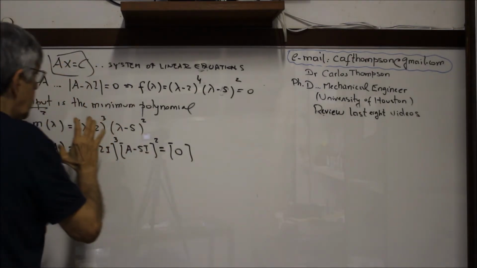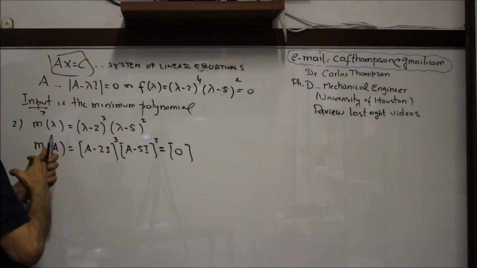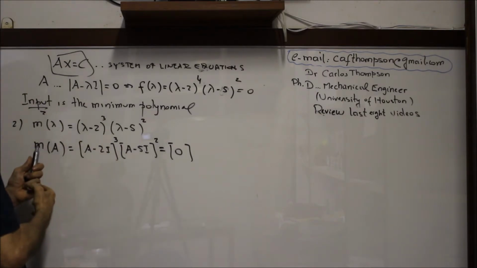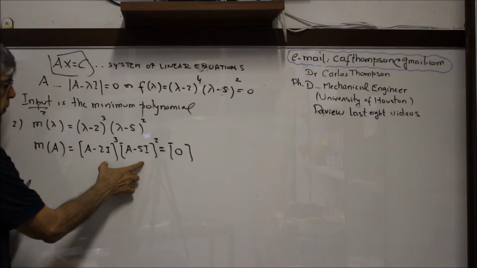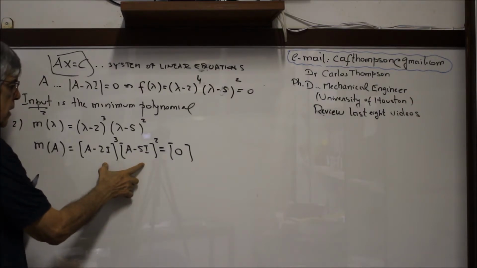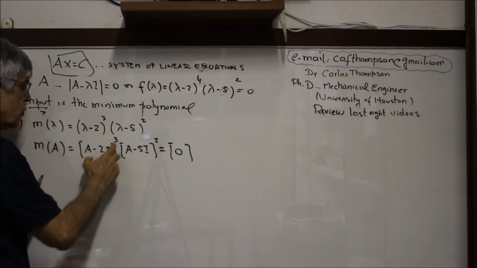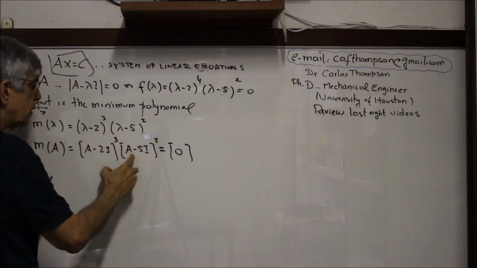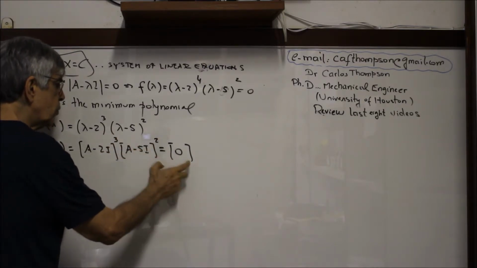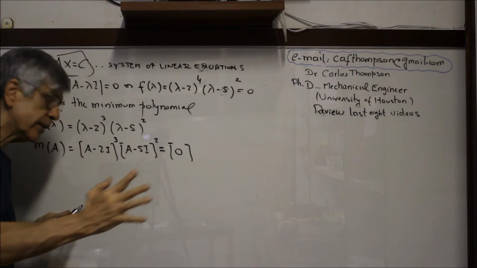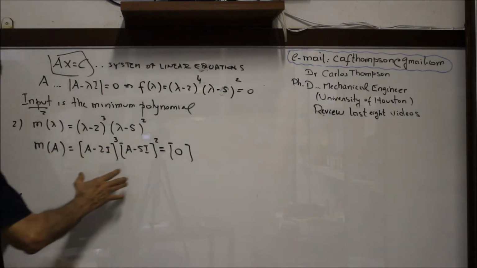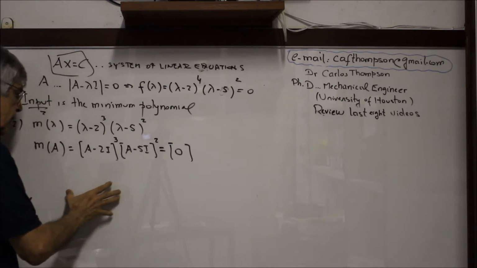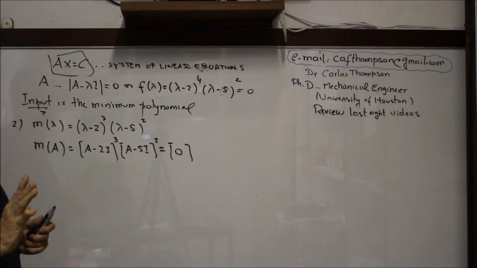Now, he tested all the possibilities to write this equality here. He found out that A minus 2I to the power 3 times A minus 5I to the power 2 is equal to 0. He tried. This is a test.